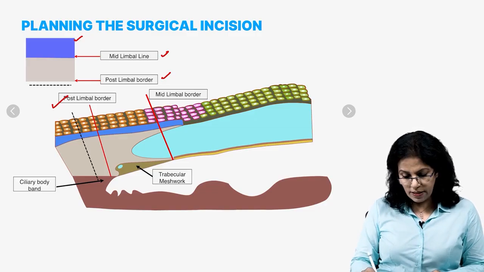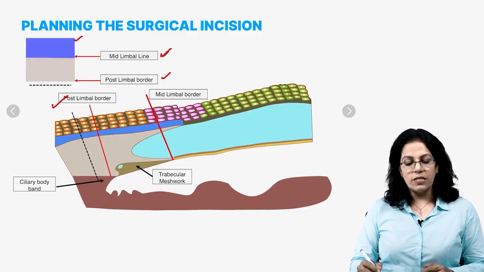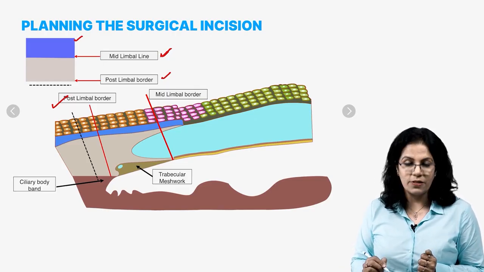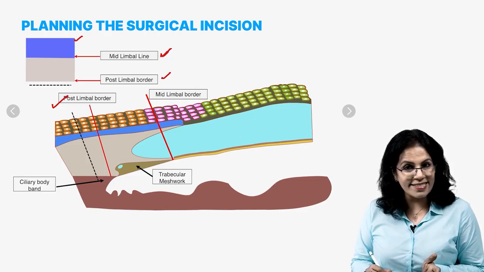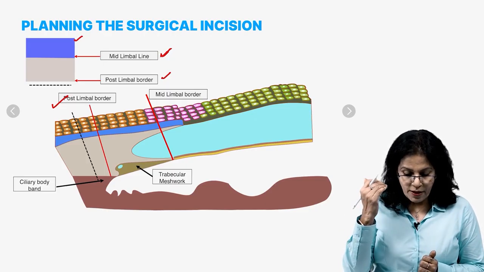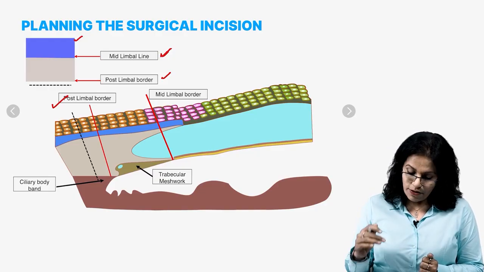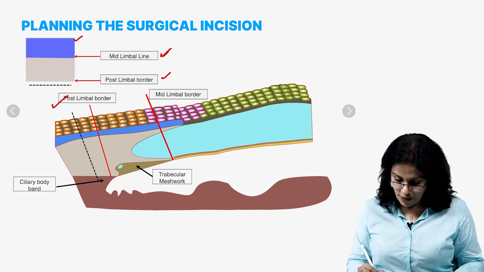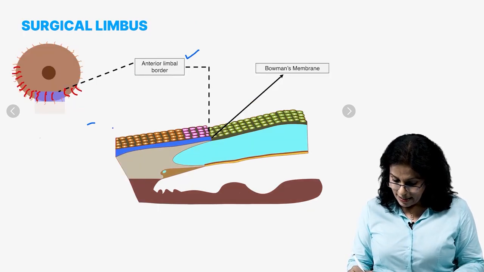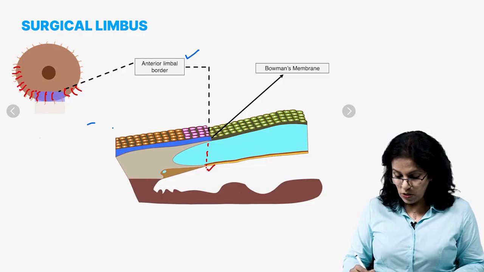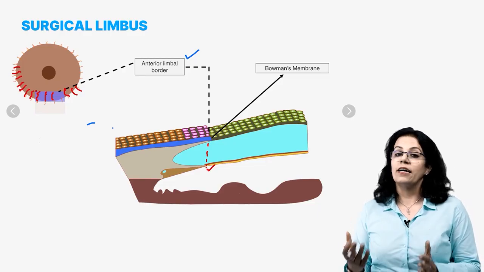Ideal is to always give the incision here. Because if you go posteriorly, you can damage the trabecular meshwork or ciliary body, as you can see the structures here. If you are giving an incision at the anterior limbal border, then we have to be very careful not to damage. Look at this, anterior limbal border, this is the termination, here is the Descemet's membrane. So you may cause Descemet's membrane detachments.